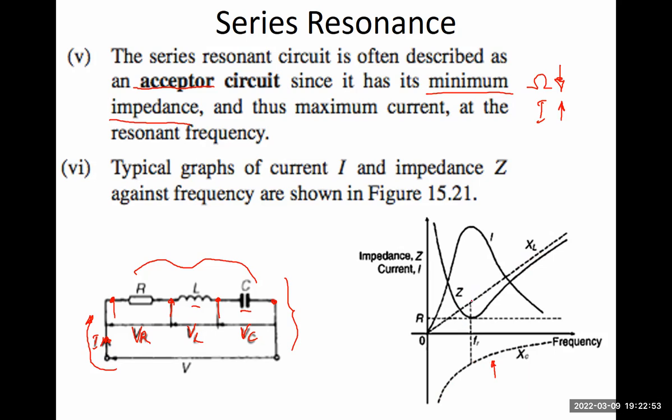So there will be a point in our XL and our XC na magkakaparehas na sila. Okay? So pagkaparehas na yung XL at XC natin, if this is our frequency, itong x-axis, kung saan maging equal yung ating XL at yung ating XC, that is now our resonant frequency.